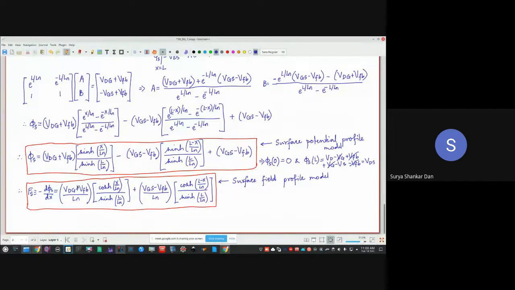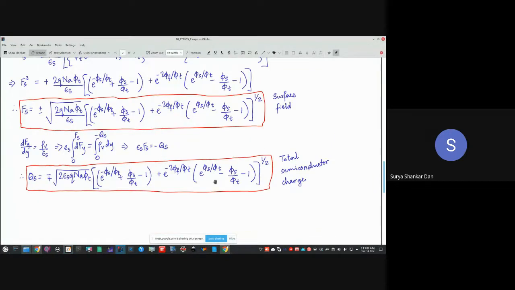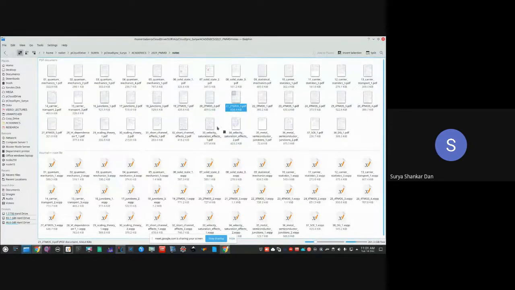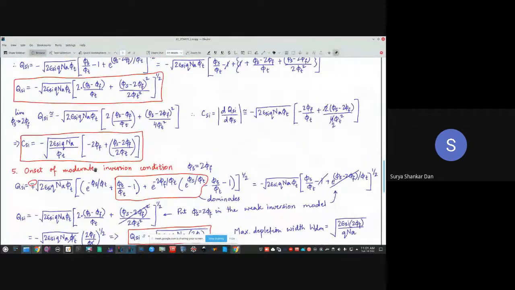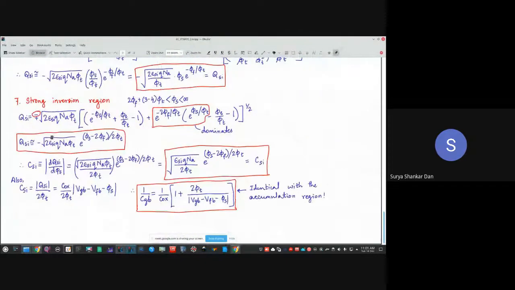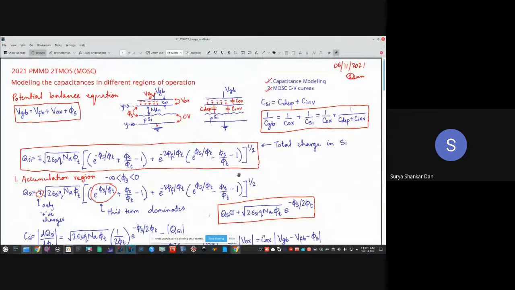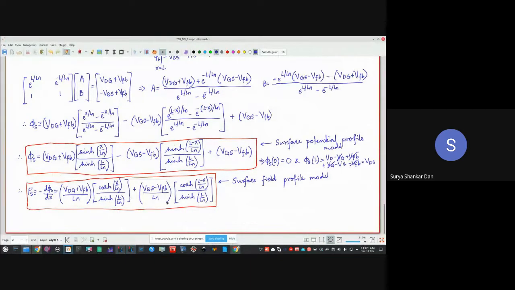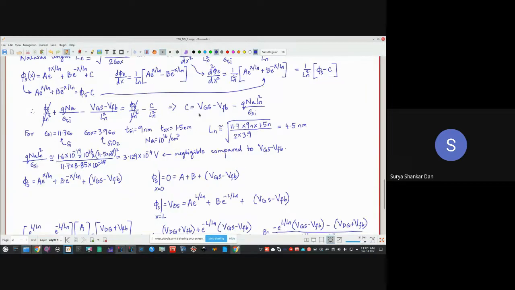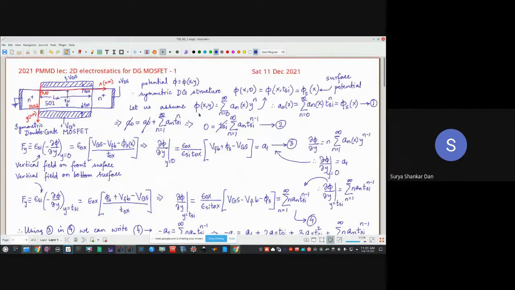We have obtained the surface field, and from there we will get the total semiconductor charge, and then you can proceed the way we did for onset of moderate inversion, strong inversion, everything that we have done. So our master equation was this total charge in silicon, right? We can do the same since we have obtained the surface field profile. Okay, so that's all for the modeling approach for 2D short channel devices.